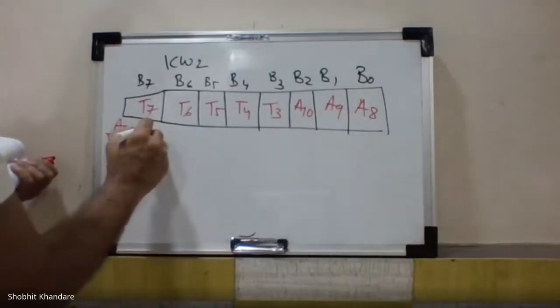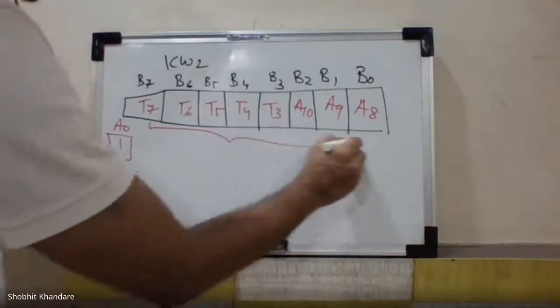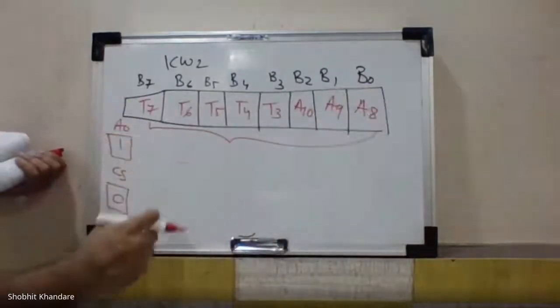So for every bit, you will take all the bits together and you can write down only one point.